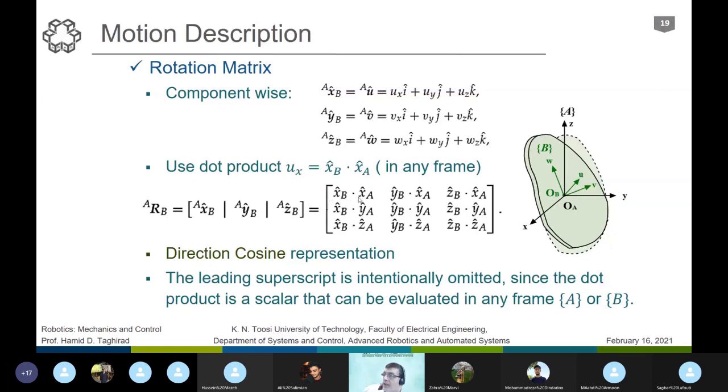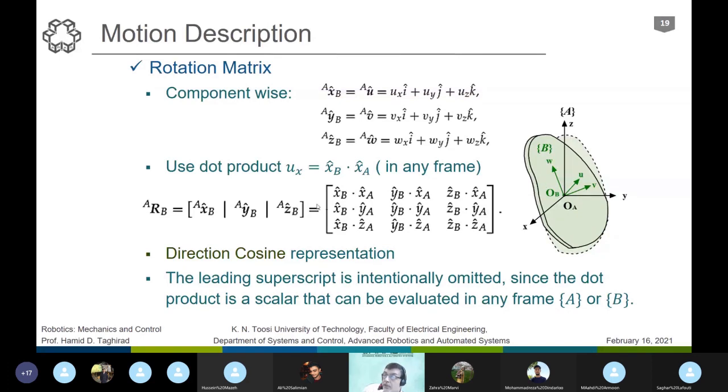So if you have these three components, it is very easy to write the R of B. Of course, this mathematical representation will help us to move around and give some detailed information. And as you see, if we dot product two unit vectors, it gives the cosine of the angle between them.